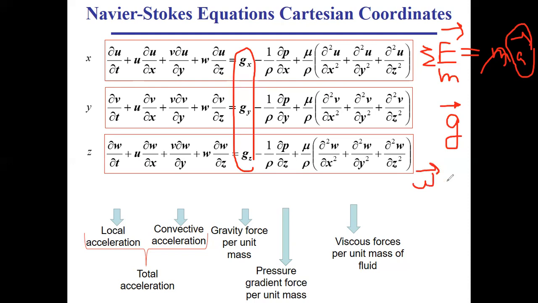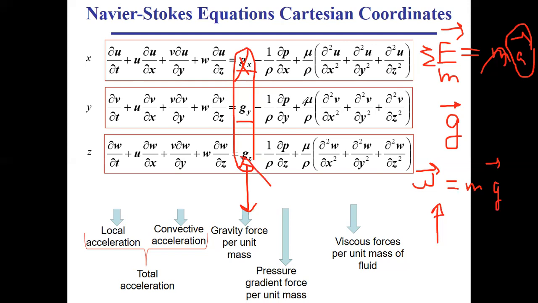So when we divide by m, the weight per unit mass will give us vector g. This is why this represents the body forces or gravity force per unit mass, and it can have three components: one in x, one in y, and one in z. And in particular, if our y-axis is the vertical direction, these two will drop out.